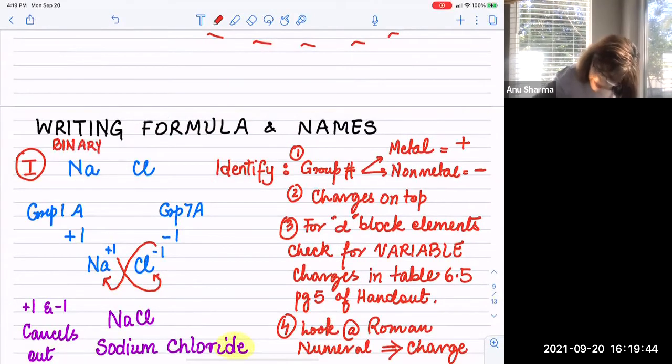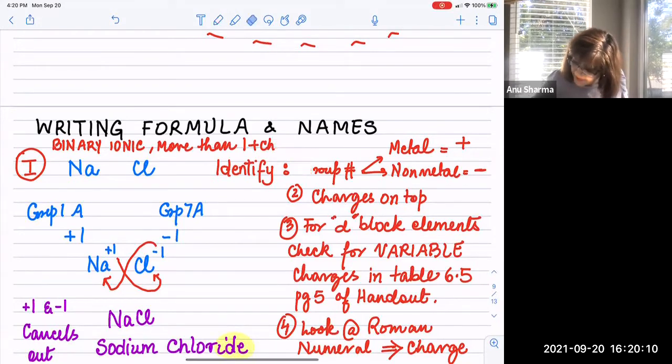So this is binary ionic. Then we have the variable valence. By variable we mean more than one positive charge.